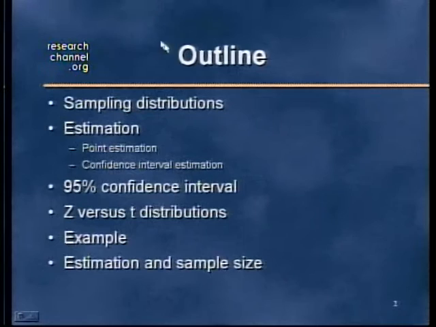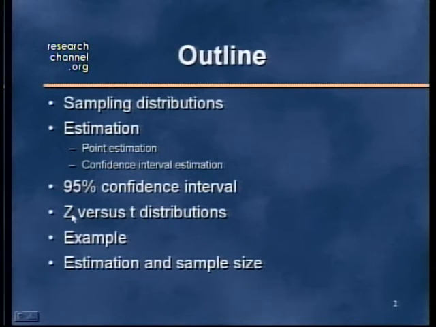The outline for today is that we'll look at defining sampling distributions and how they help us in the two techniques of statistical inference, estimation, which includes point estimation and confidence interval estimation. We'll spend time talking about commonly quoted 95% confidence intervals.